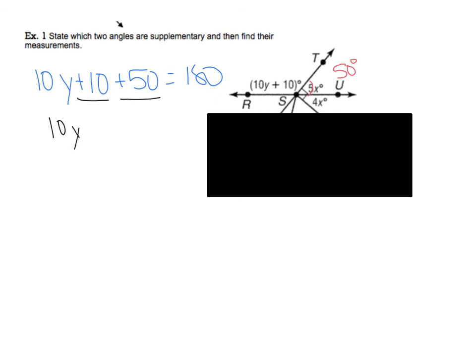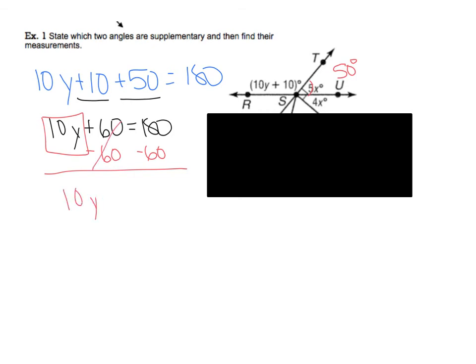Combining the 10 plus 50 gives us 10y plus 60 equals 180. Solving for y, I'll subtract 60 from both sides. 10y equals 180 take away 60, which is 120. Last step, divide by 10. We get that y is 12.